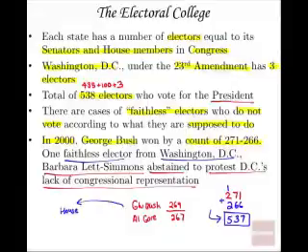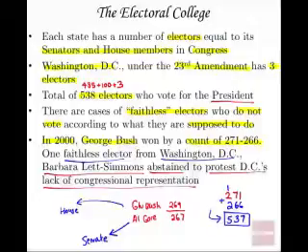Each state acts as one vote, and the candidate with the majority of the states, so that would be 26 states, is now the president, and the Senate gets to decide who is the vice president. So that would have been interesting.